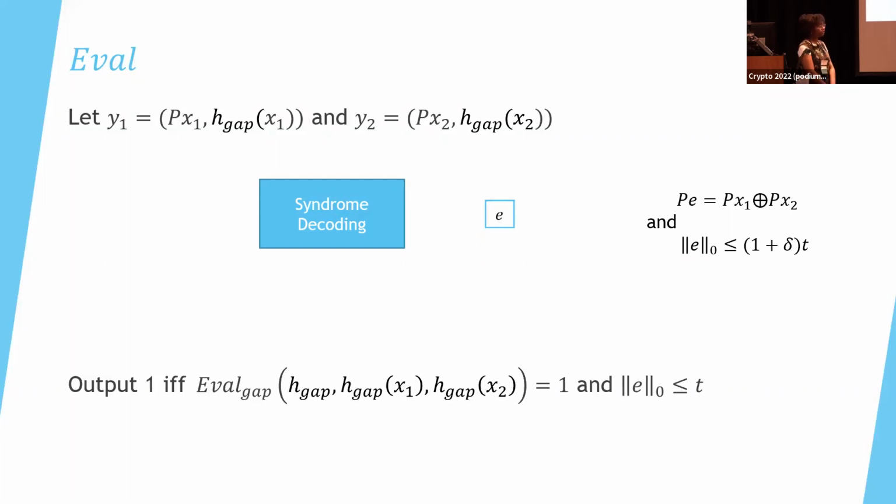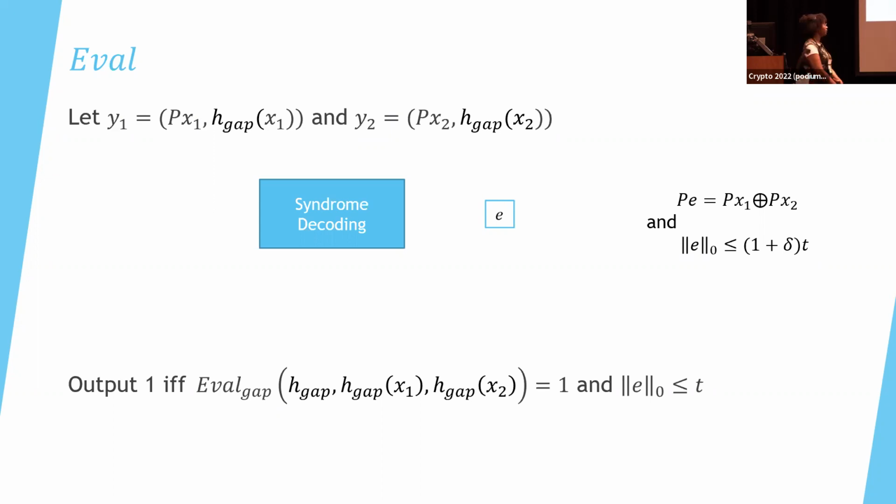And then we perform two checks. We output 1 if and only if our first check, which is the output of the eval gap algorithm from that BLV construction, is equal to 1, and the Hamming weight of our error vector E is less than or equal to t. Otherwise, we output 0.